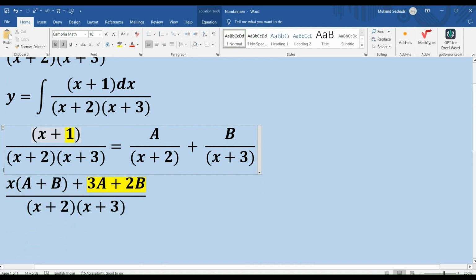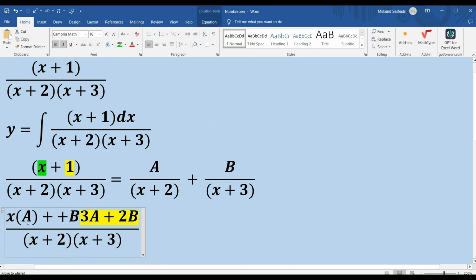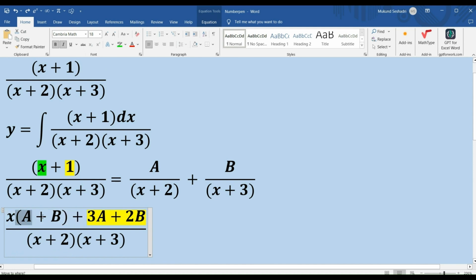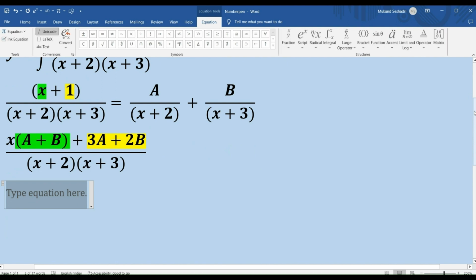And I know that my coefficient of x is nothing but a 1, right? Let me highlight this in green, right? And correspondingly, in the a and b expression, I notice that this is equal to a plus b, right? I know that my a plus b equals 1 and my 3a plus 2b also equals 1, right?